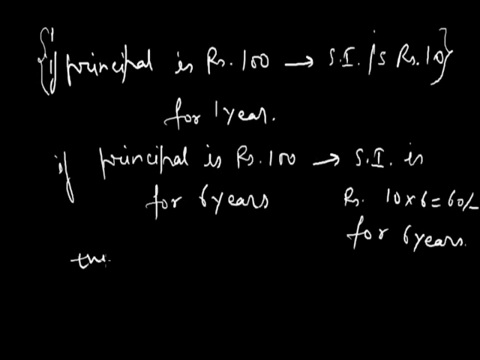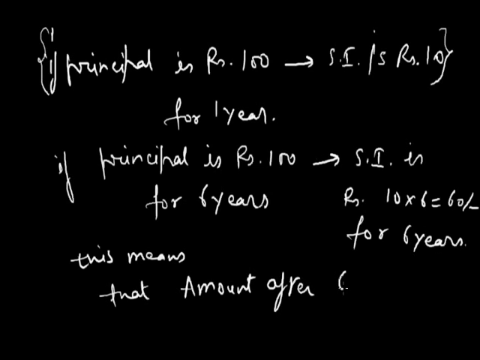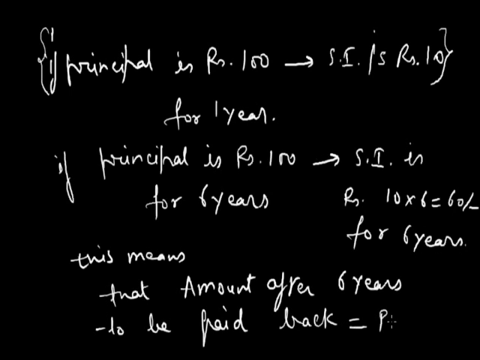This means that the amount to be paid after 6 years is equal to principal plus simple interest for 6 years.